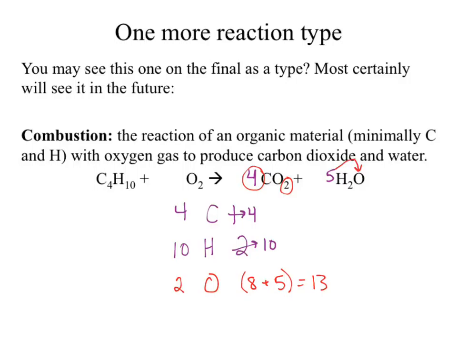And 2 can't go into 13 evenly, and we need to have whole numbers. So we'll go back to our equation and look at our oxygen that's being problematic. The oxygen is being problematic right here. And we're noticing that it is O2. So what we're going to do is take advantage of that 2 and multiply everything in our equation by 2.